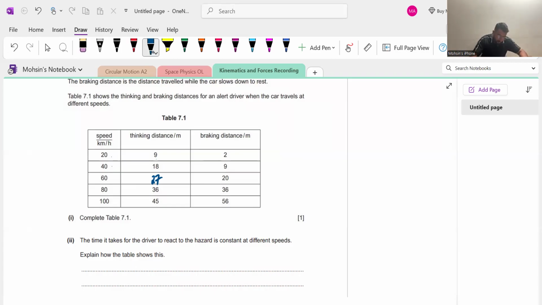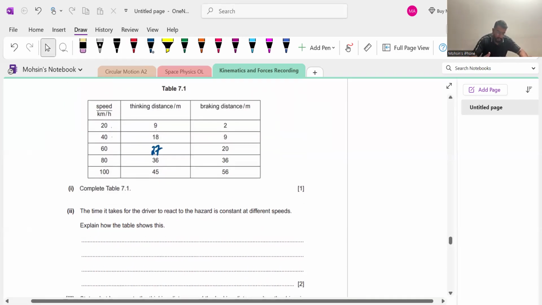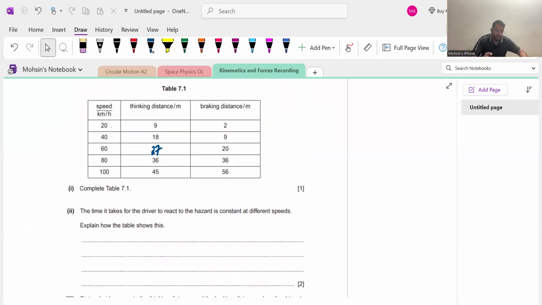The time it takes for the driver to react to the hazard is constant at different speeds. Explain how the table shows this. As the speed is increasing, the thinking distance is increasing at the same rate.